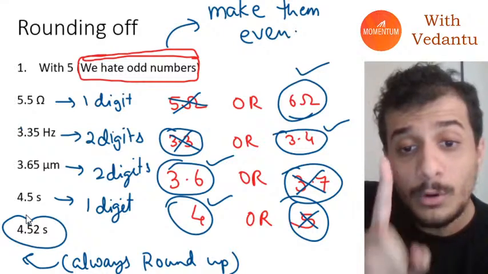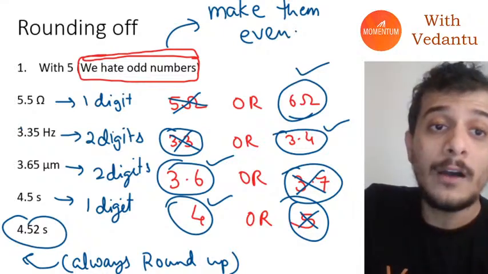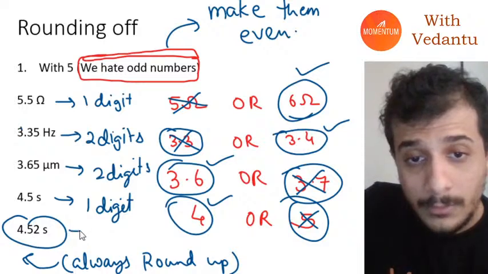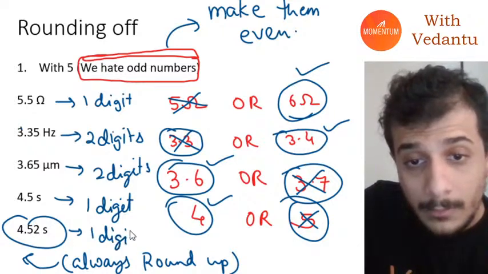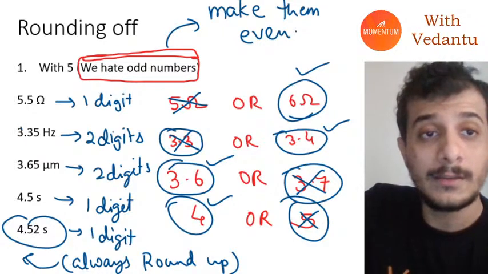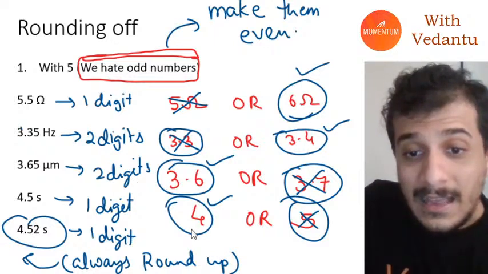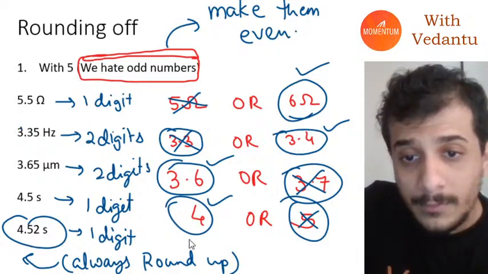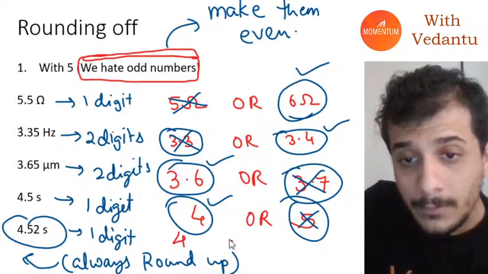If there are still more digits after 5, then you just always round it up. So for example, if I have to round this to one digit, I have two choices, either 4 or 5.